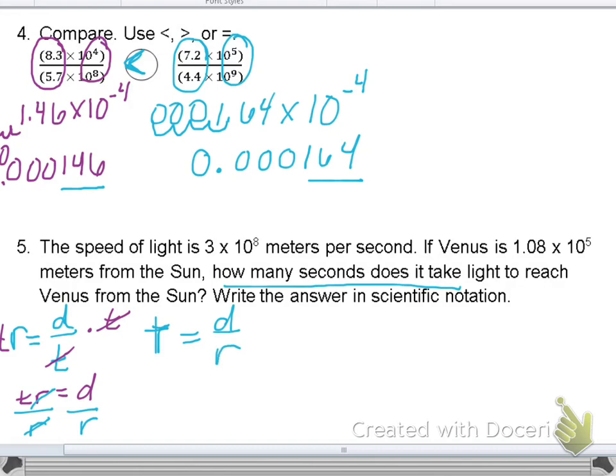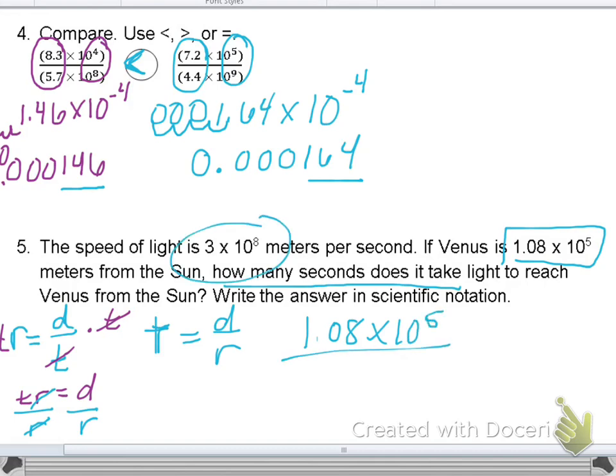So now we're just going to plug in what we know. We know the distance is 1.08 times 10 to the 5th. And we know that the rate is 3 times 10 to the 8th. So we're going to divide 1.08 divided by 3, which equals 0.36, if you do that on a calculator.